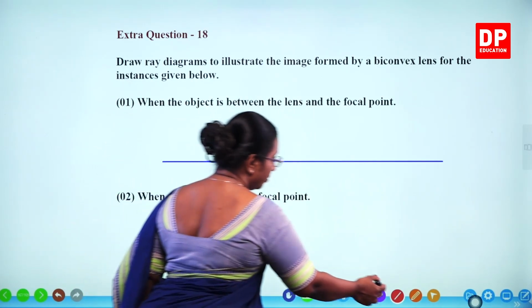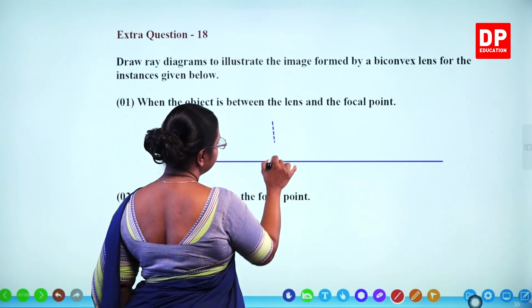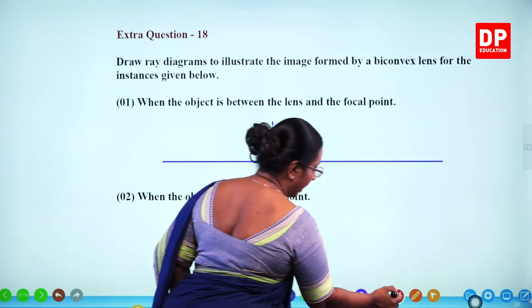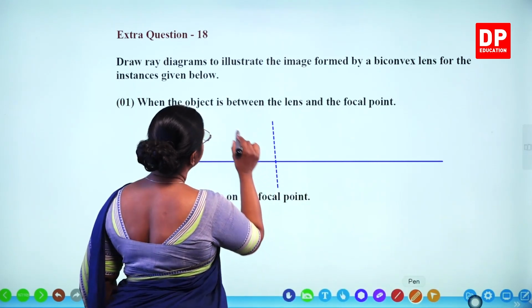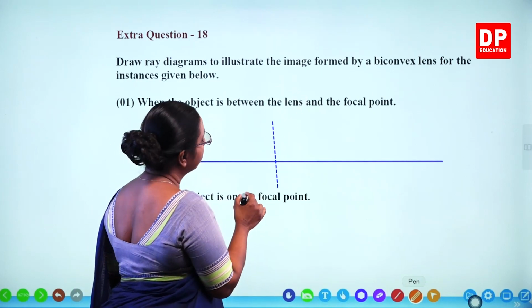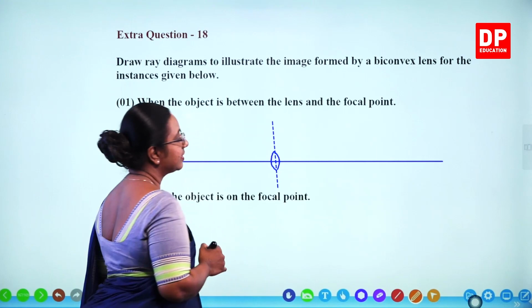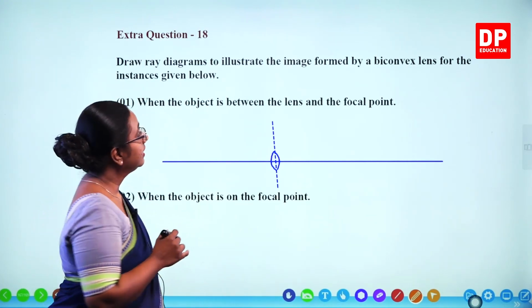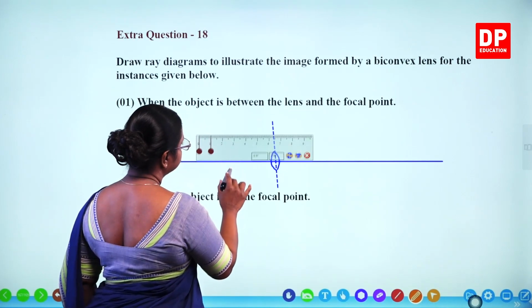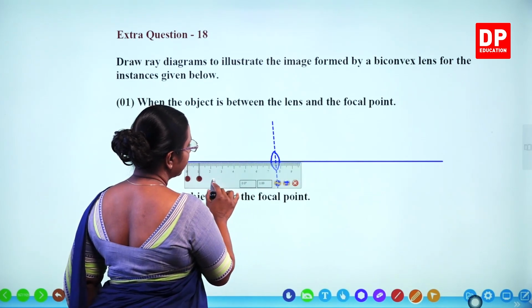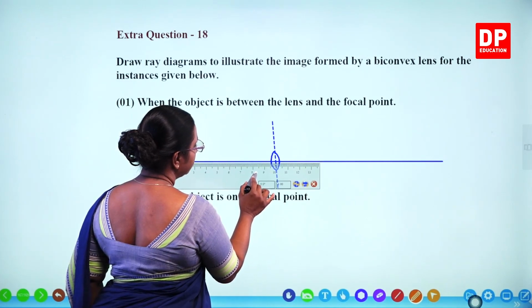Then we need to draw a line where we have the lens and also we have to draw the lens. Here it has to be a biconvex lens. So, it's a biconvex lens like that. Then we need to have the points. What are the points you need to mark?